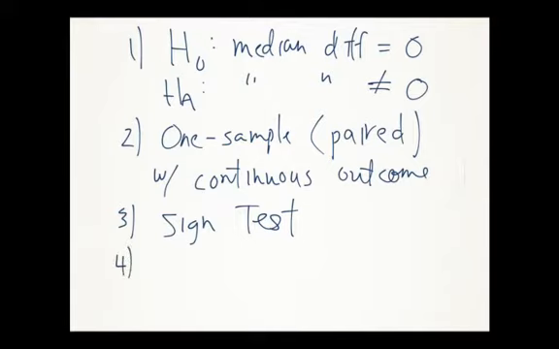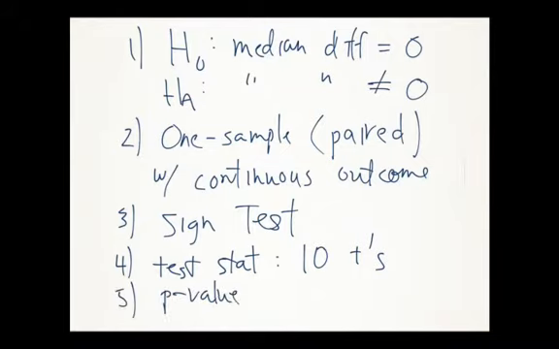Our test statistic, remember, for the sign test is the sign of the differences, and in this particular case all 10 were positives. We calculated our two-sided p-value using the binomial distribution, and that was equal to 0.0020. Those are my first 5 steps of hypothesis testing.